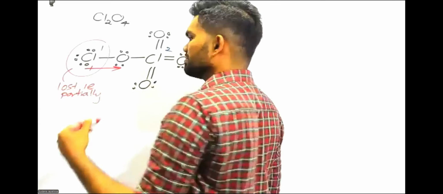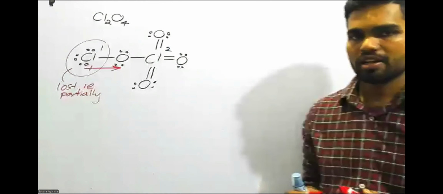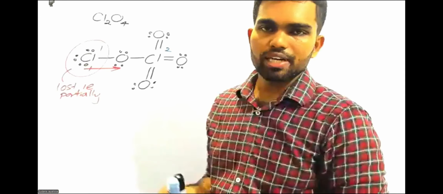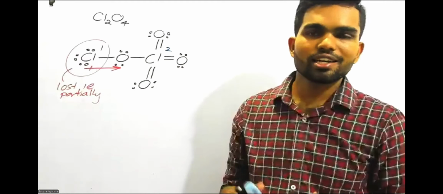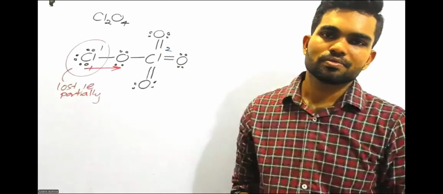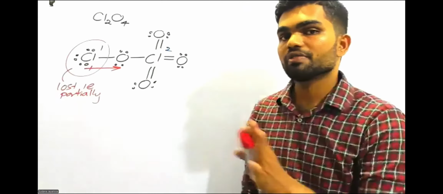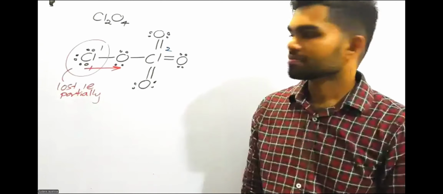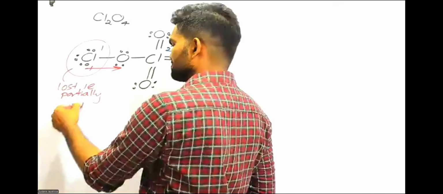Oxidation number is the number of electrons lost or gained, totally or partially. Now, if it is losing 1 electron, then the oxidation number is +1. To indicate that it lost, we say +1. So here it lost 1 electron, so the oxidation number should be +1.